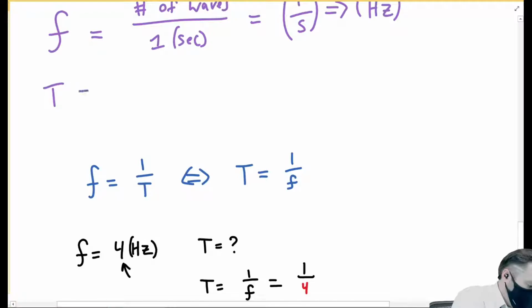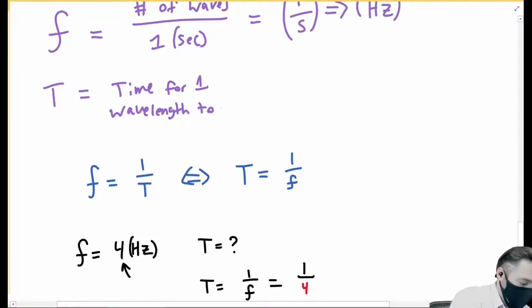The period is the time for 1 wavelength to pass. And we're going to have units of seconds.